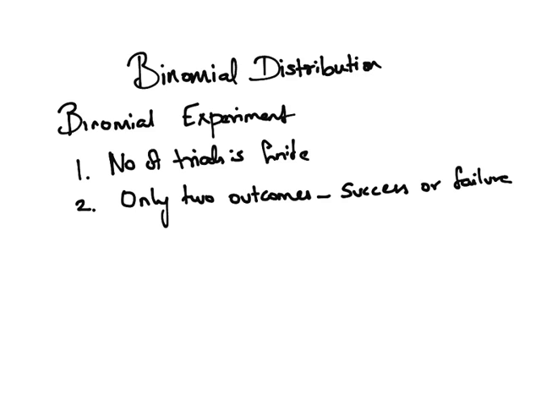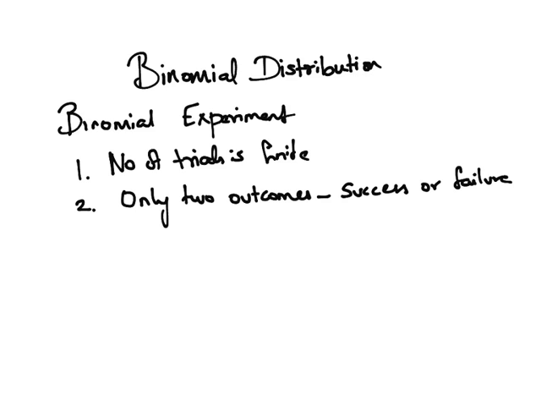Or you can have one outcome as getting an even number, right? So 2, 4 and 6 can be considered a success. Then the failure will be not getting 2, 4 and 6, so getting 1, 3 and 5. So here there are only 2 outcomes: either the number will be even or the number will be odd.